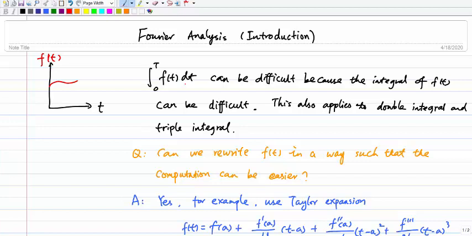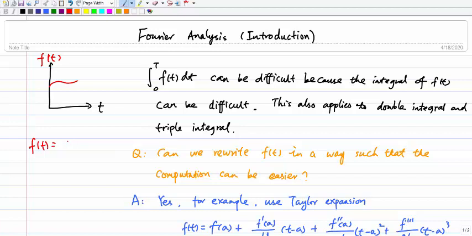Typically this can be complex, especially when this function f(t) can be really complex. So one idea that people have thought about is, can we write a function in another form, something that I know? This is typically called base functions.